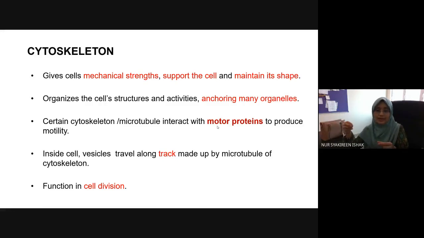So that's why it says here it is involved in motility, the movement of organelles within cells. And the next one, inside the cell, vesicles travel along tracks made up of microtubules of the cytoskeleton.